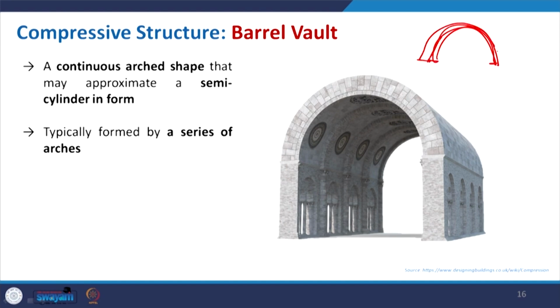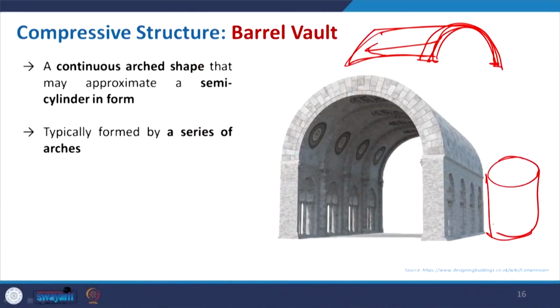It will have a thickness, and if you stretch it, that gives you a hollow semi cylinder kind of form. Suppose you have a hollow cylinder and you cut it like this, or maybe like this. Whatever form you get is basically your barrel vault.